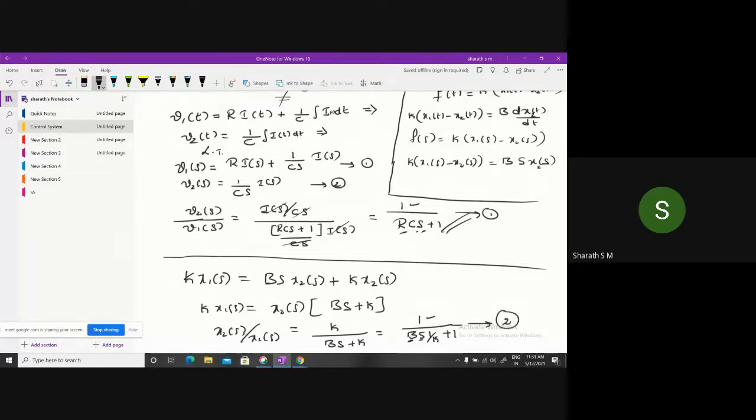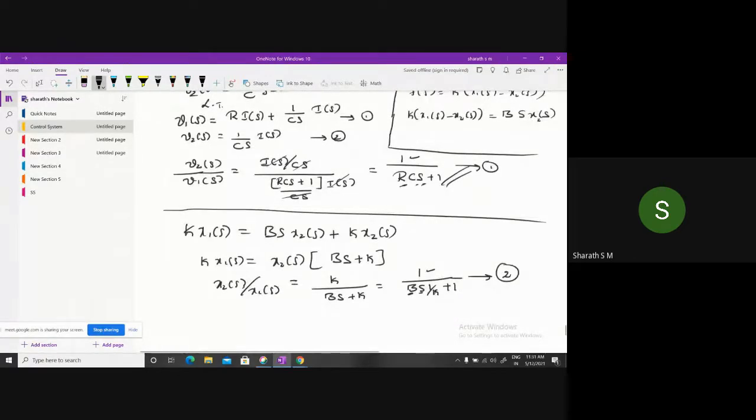So write down that equations 1 and 2 are equal, which concludes that these two are analogous to each other.